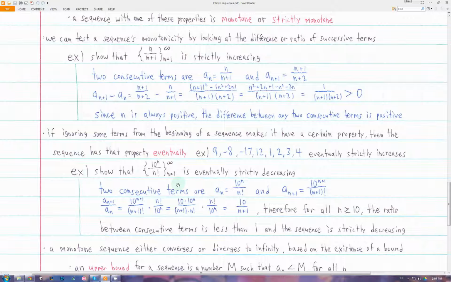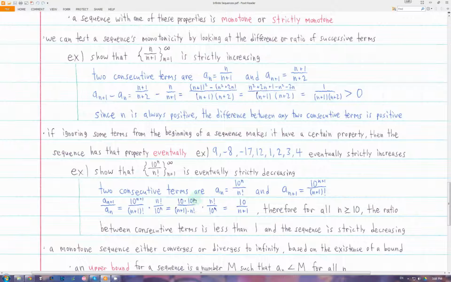So in this example, we want to prove that it's eventually decreasing. And to do that, we're going to look at the ratio between two consecutive terms instead of the difference like last time. So we take a of n plus 1 over a of n. And if we simplify this, 10 to the n plus 1 power is just 10 to the 1 times 10 to the n. And likewise, n plus 1 factorial is just n plus 1 times n factorial.